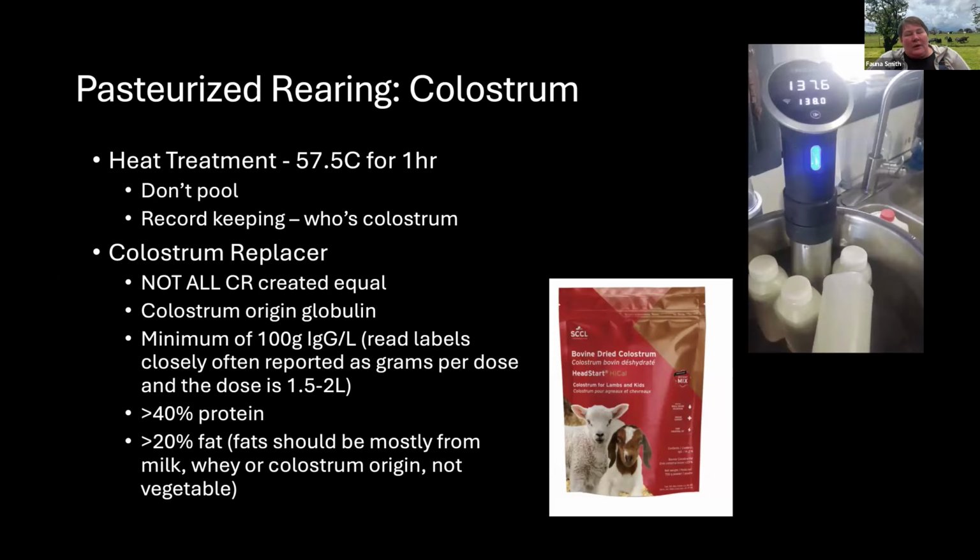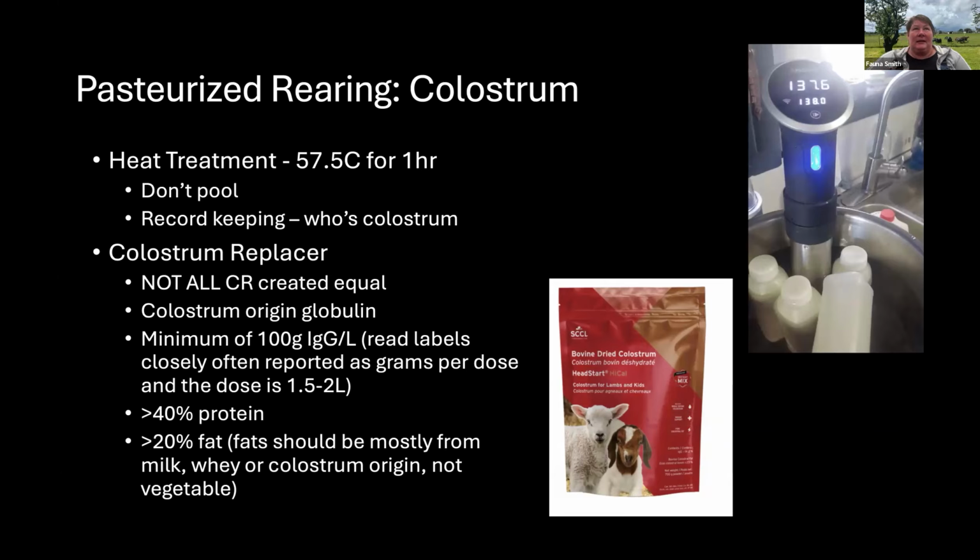In terms of the approaches to colostrum management in a CAE prevention program, one is to do heat treatment. I don't know how many people have ever seen this, but the advent of the sous vide stick has actually made batch pasteurizing colostrum much easier to do. There are fancy colostrum pasteurizers.